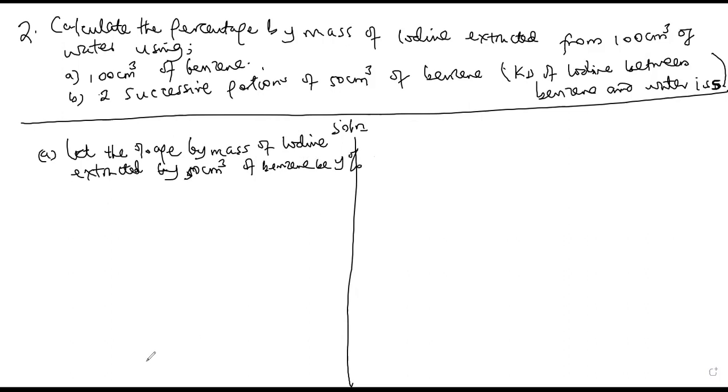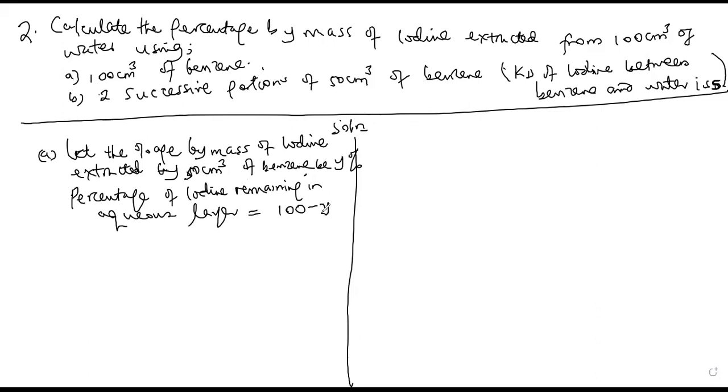It means that the percentage of iodine that will remain in the aqueous layer will be equal to 100 minus Y%, assuming that the total percent present initially was 100.